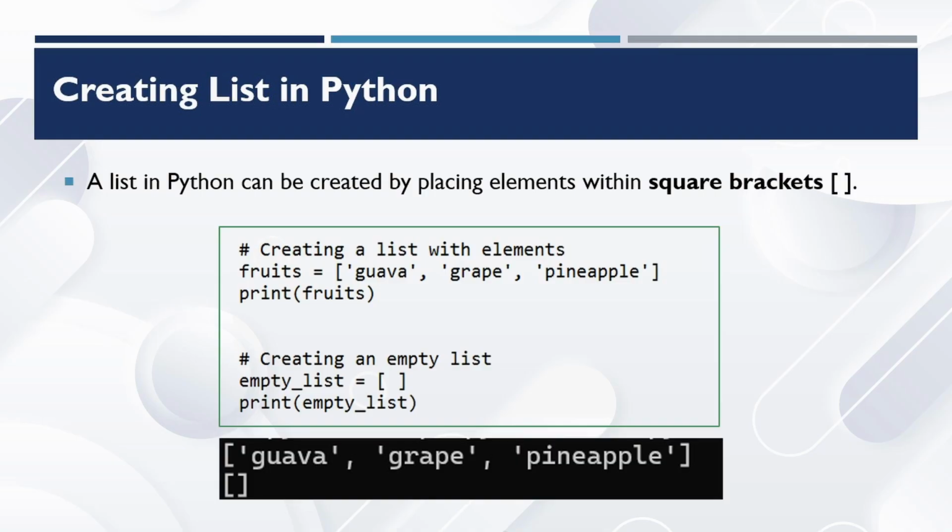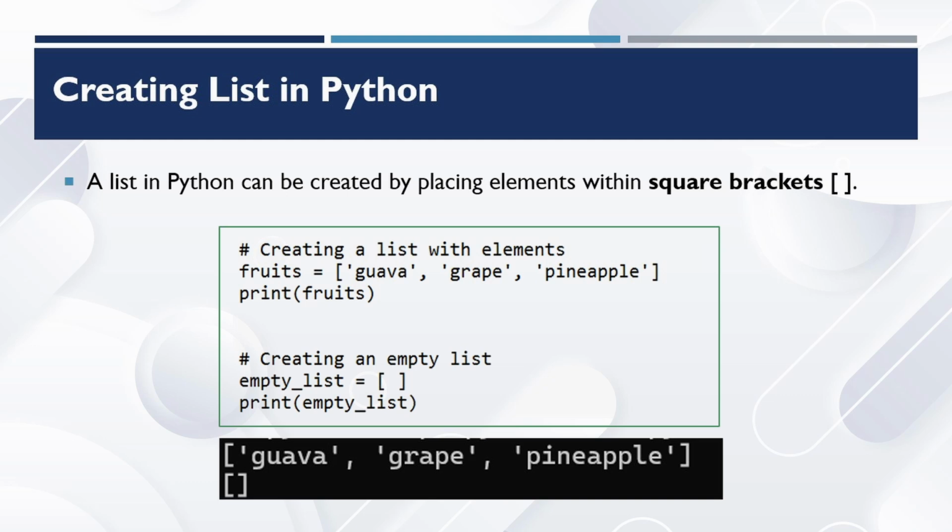Now, how to create a list? We can create a list by enclosing elements inside square brackets. Here in this example, we have a list of fruits having 3 elements. We can also create an empty list using just empty square brackets. Here in this slide, an example of creating a list is shown.